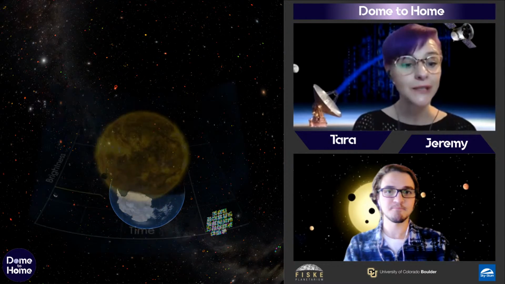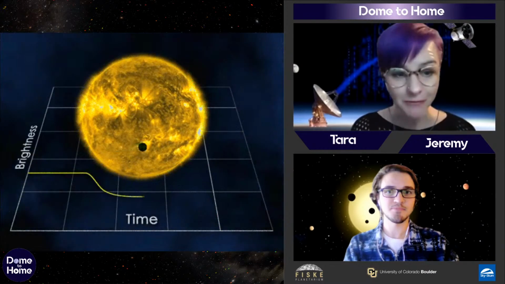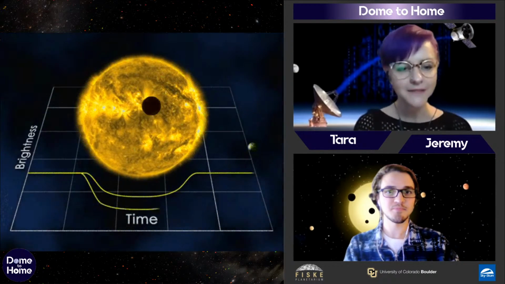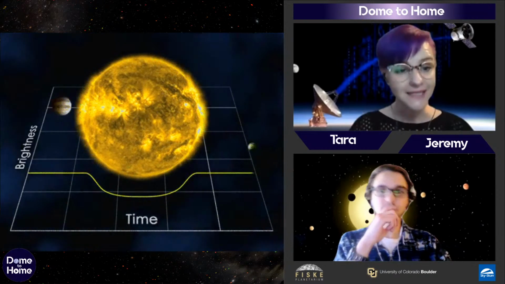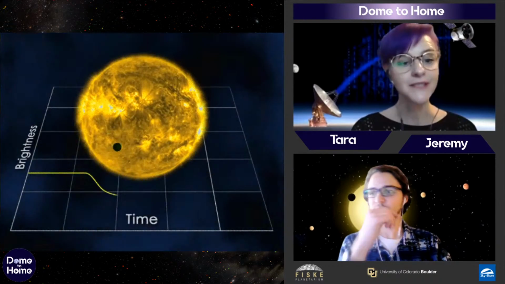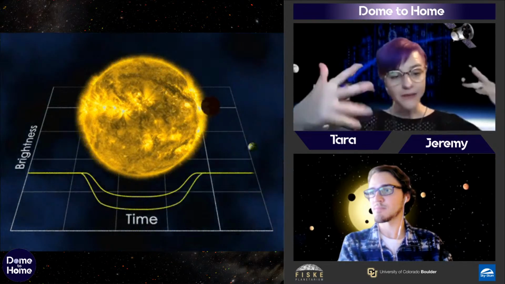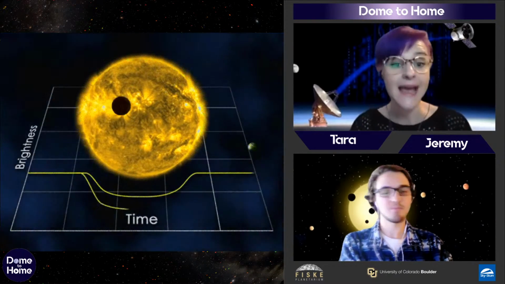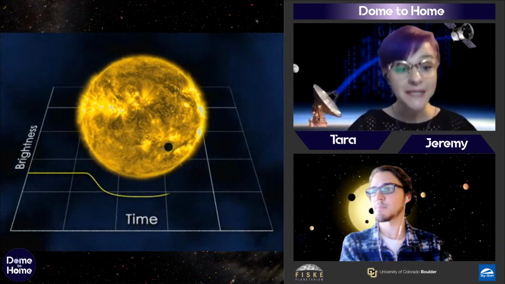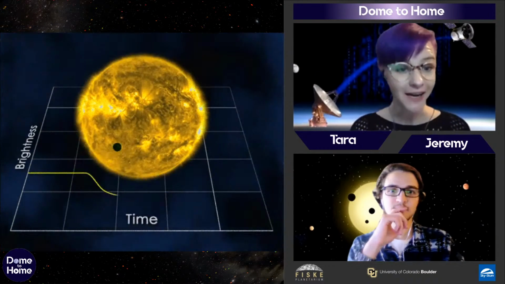Now, this is really useful as well for the composition part of your question, because we can use that same technique of spectroscopy of the light showing us different elements. So when a planet moves in front of its star, the star's light is moving past that planet. If it's a gas planet, maybe the light's coming all the way through the planet. If it's not, maybe it's passing through the atmosphere of the planet.